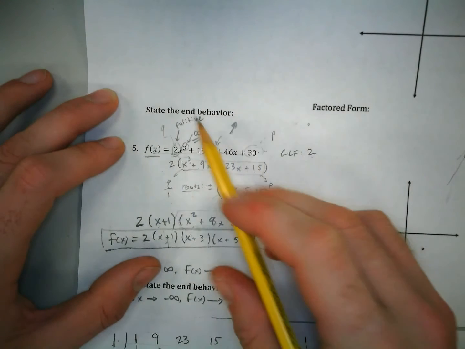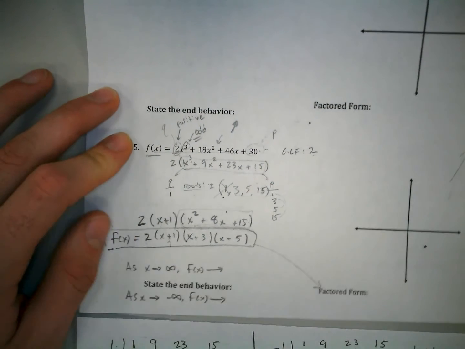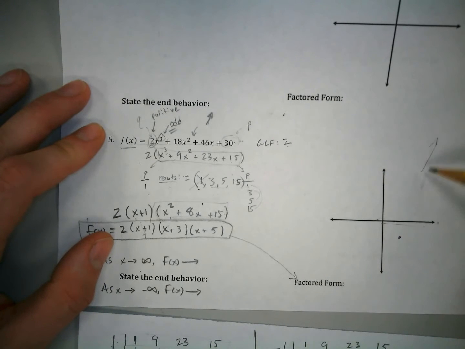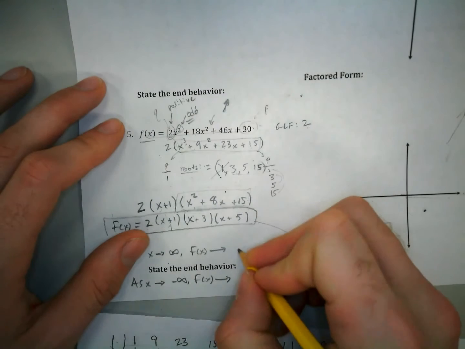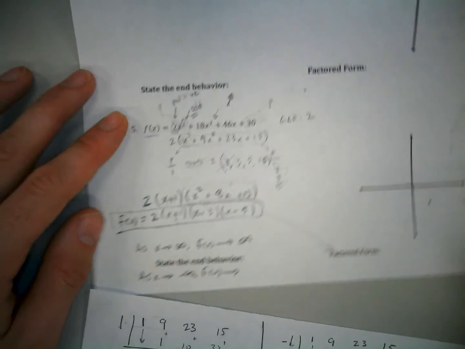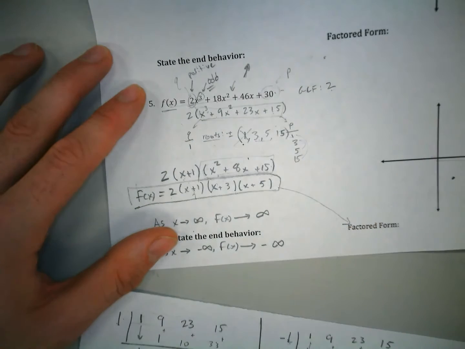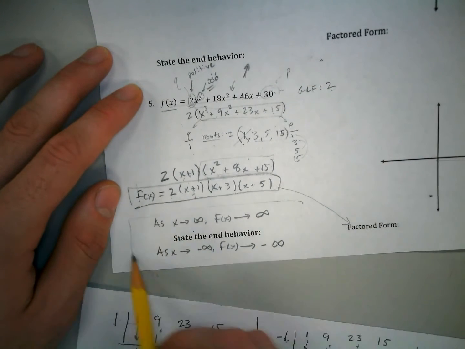So we got odd, positive. So as x approaches positive infinity, it'll be going positive towards infinity. And since it's opposite, if we go the opposite direction, it'll be going down towards negative infinity. So here's your end behavior.